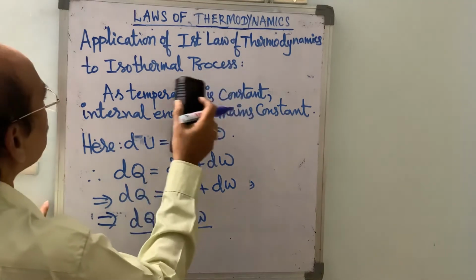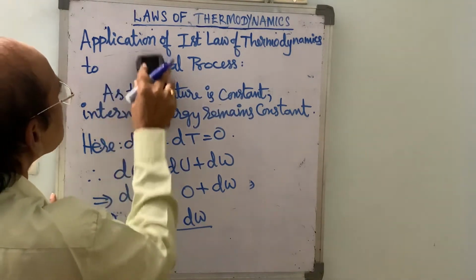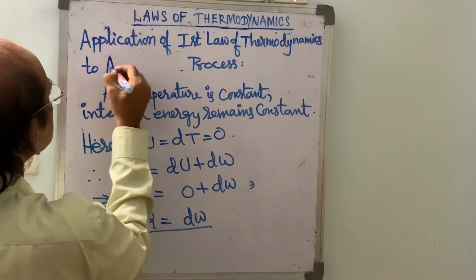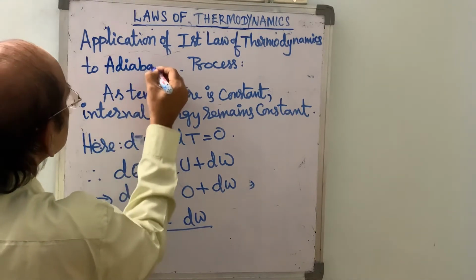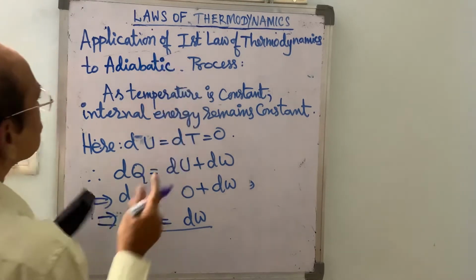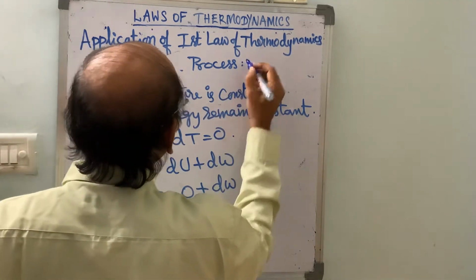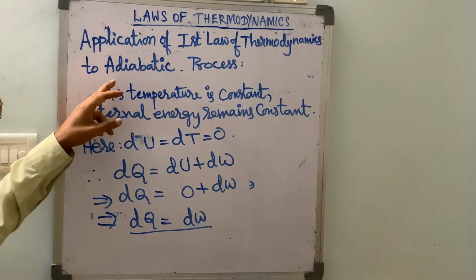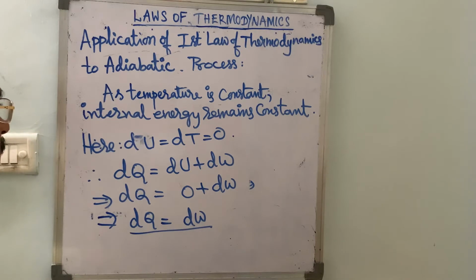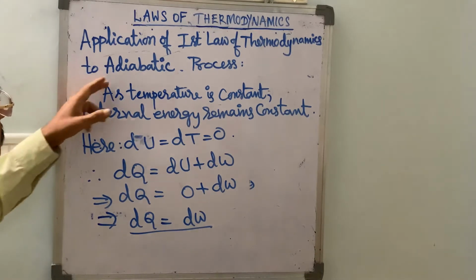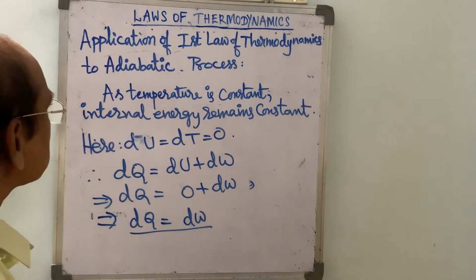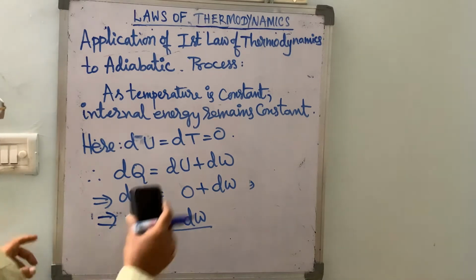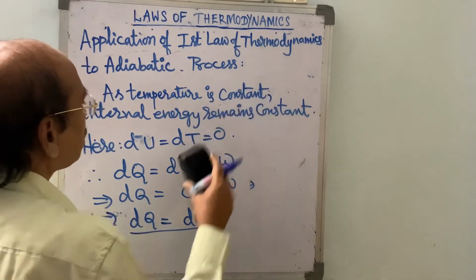Now application of the first law of thermodynamics to the isobaric process. In this process, let us supply energy to the system at constant pressure. It is also known as the isobaric process. So here the temperature is increased from T1 to T2.